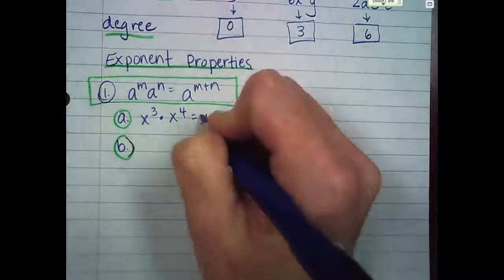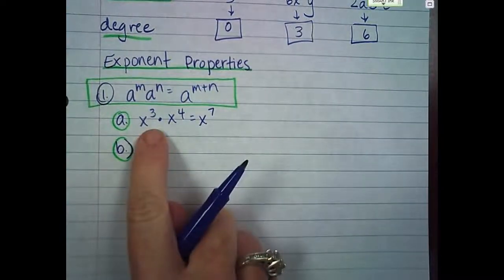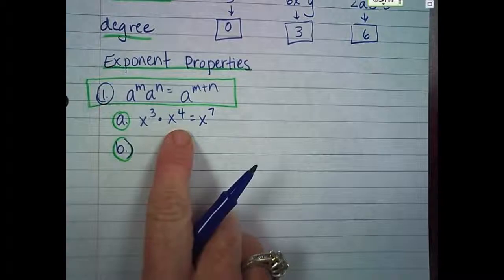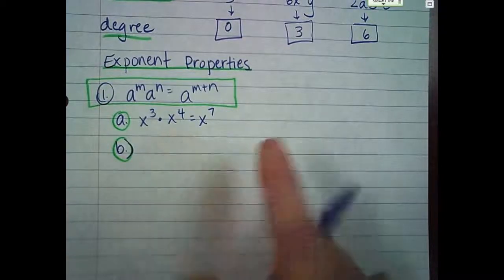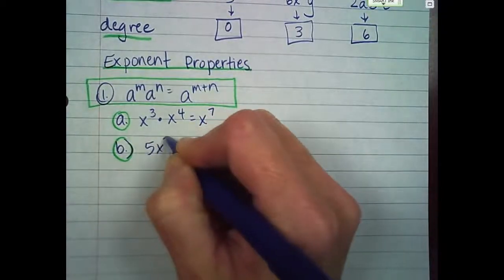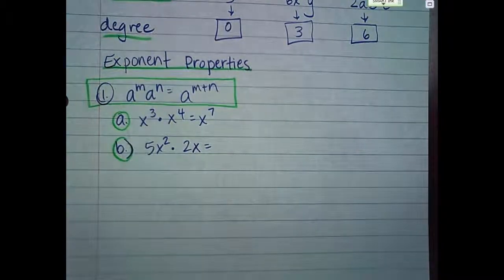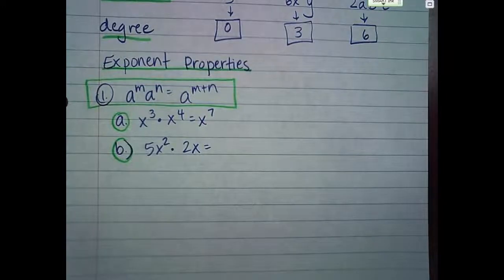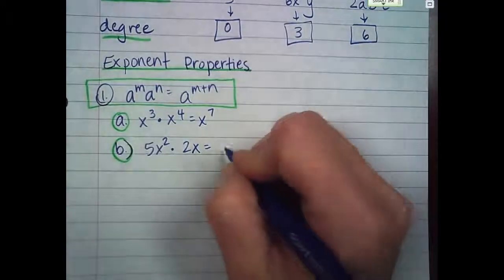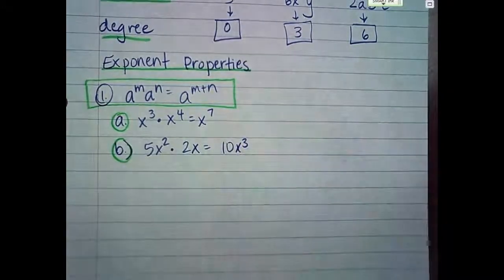X to the 7th, remember? Guys, when the bases are the same, you add the exponents. You multiply. What if I give you 5x squared times 2x? 10x to the 3rd. All right, so there's just a little bit of stuff you've done in the past.